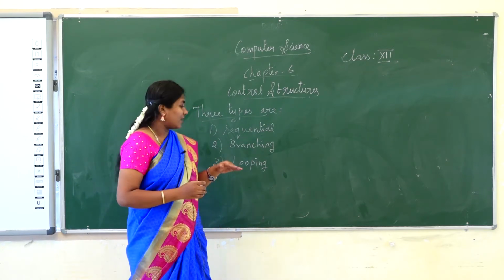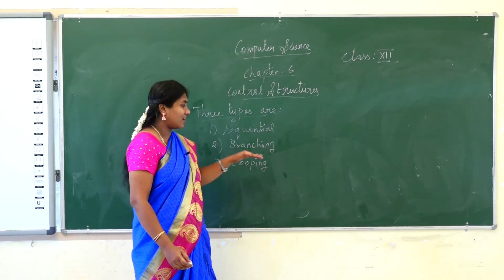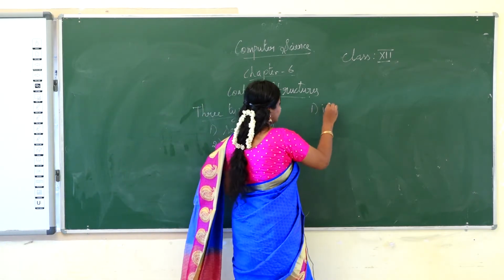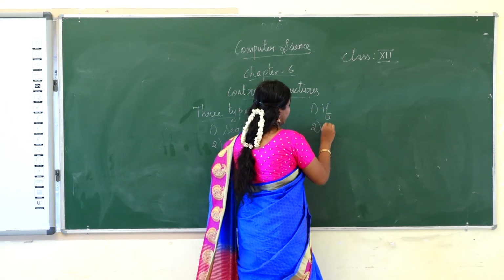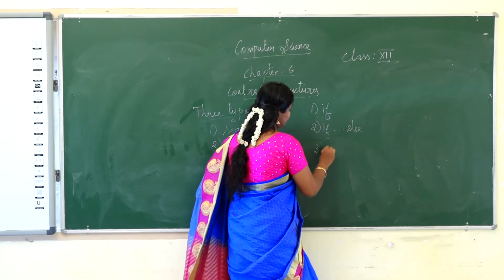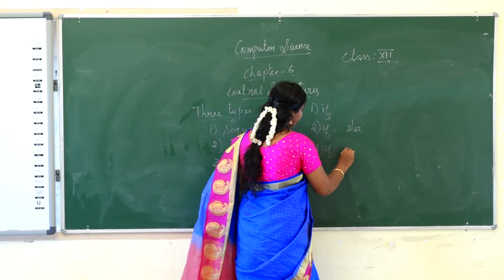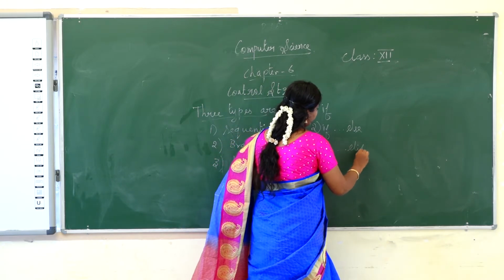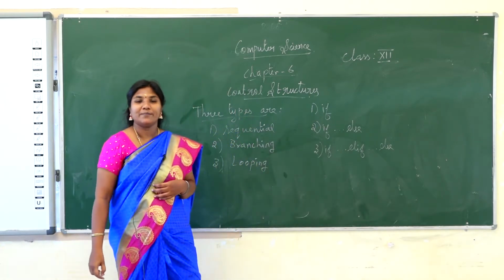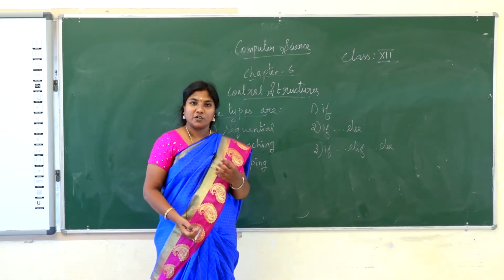Okay? So what are all the branching statements in Python? There are 3 branching statements. The first one, if statement, the second one, if else, and the third one, if elif else. So what are branching statements or control statements?